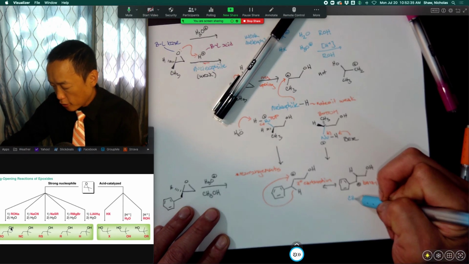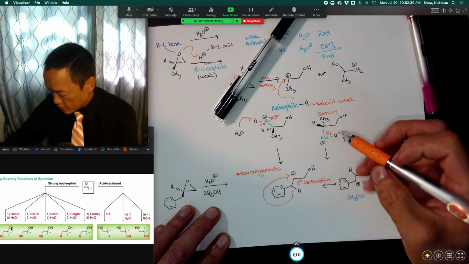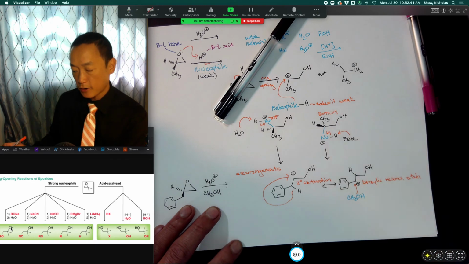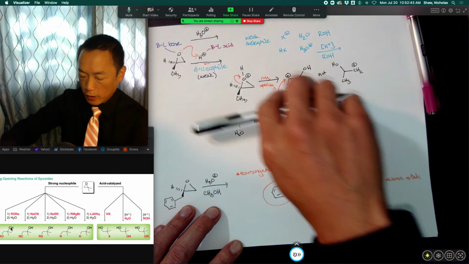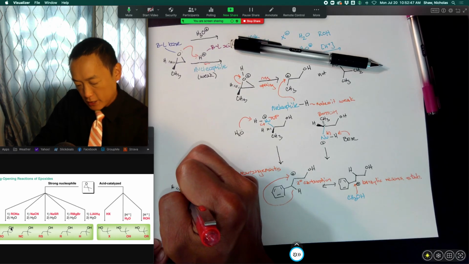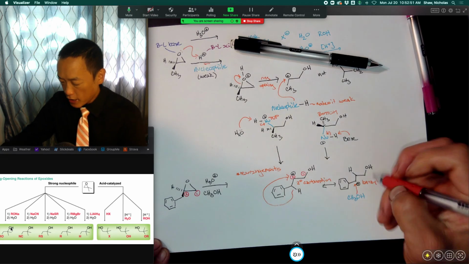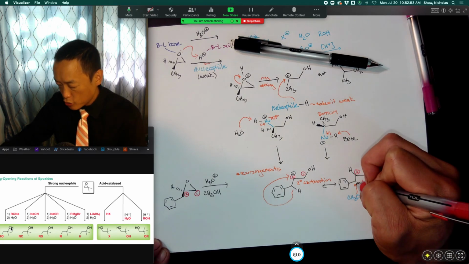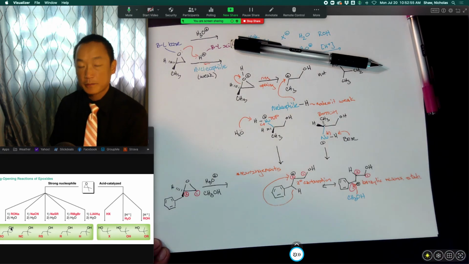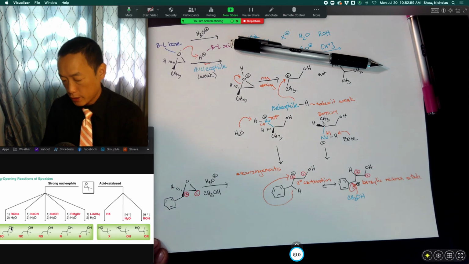And then our methanol will add to this carbon right here, so that what appeared to be chemistry that should take place about the 1,2 carbon is now actually taking place about the 1, 2, and 3 carbon atoms because we proceed through a more stable carbocation intermediate.